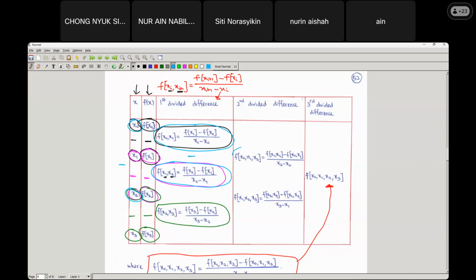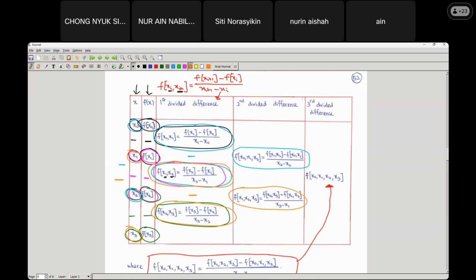You get this value. Next, if we want to get f[x1, x2, x3], we have to take this value minus this value, divided by x3 minus x1. Then you will be able to get this value.